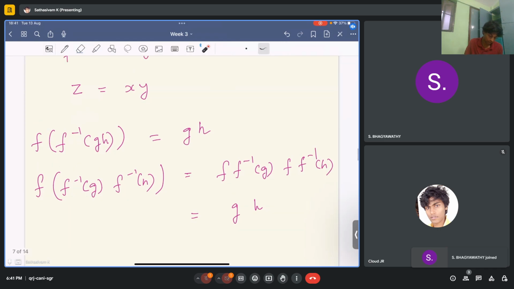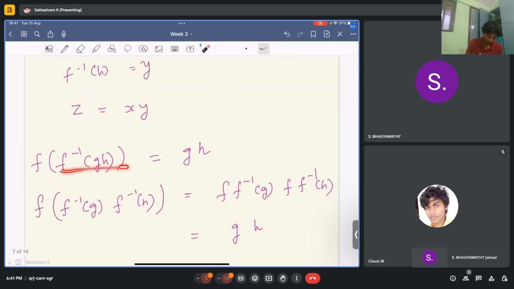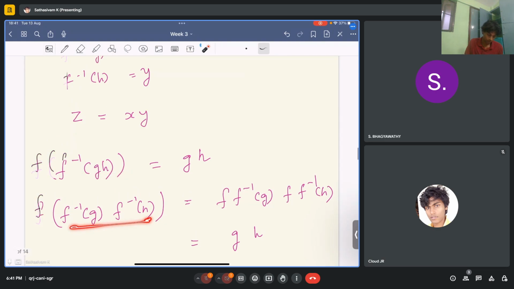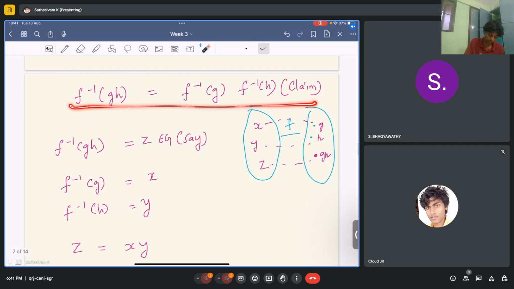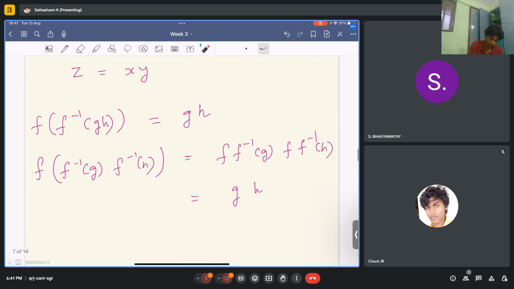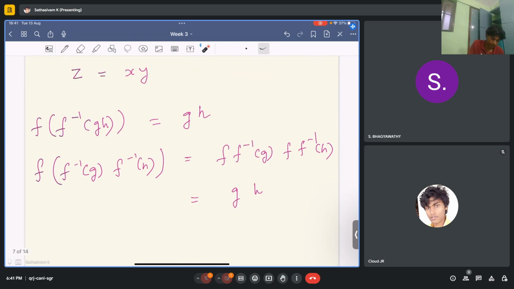So basically we took this element and this element, and we apply F on both sides. When you apply F, the first one gives you GH.